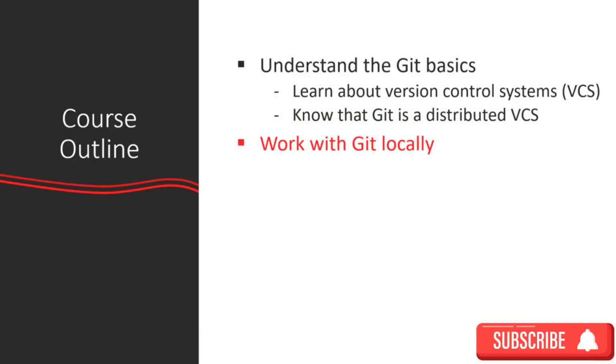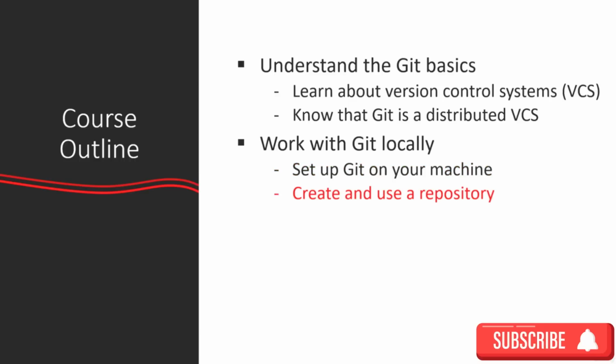Next, you will learn how to work with Git locally on your machine. I will show you how to set up Git and then you will create and use a so-called repository. A repository is like a database that stores the changes of your source code.